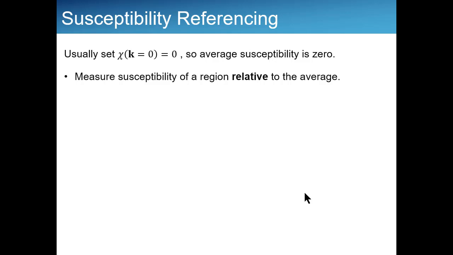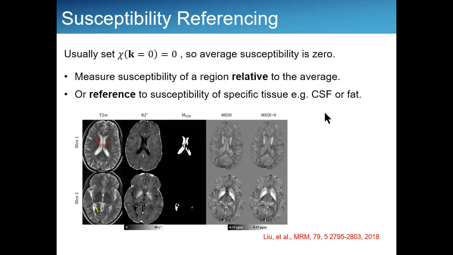We say we'll always force the whole brain susceptibility to be 0, or we could choose a reference region, say CSF, find the average value there, and then measure everything relative to that. There are some difficulties in doing that in CSF because you have structures within CSF that can have different susceptibility, like the choroid plexus. But it's still an interesting ongoing discussion.